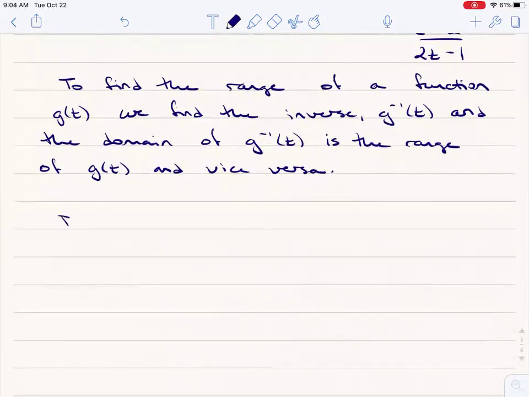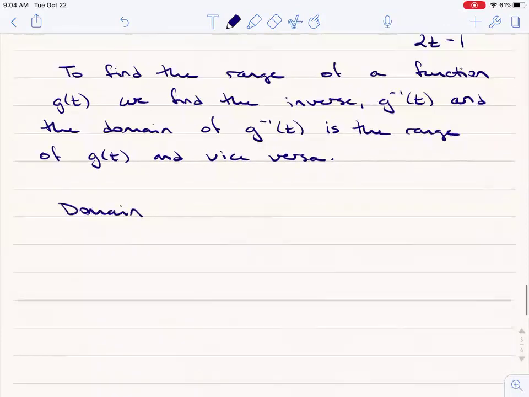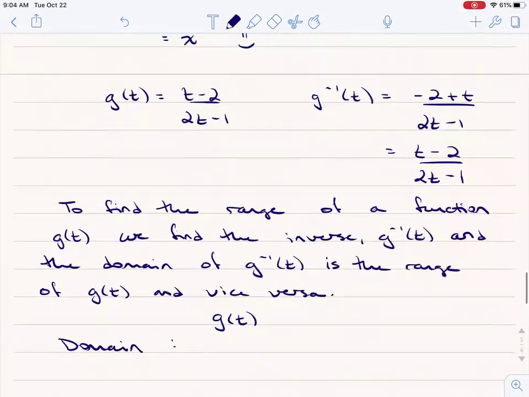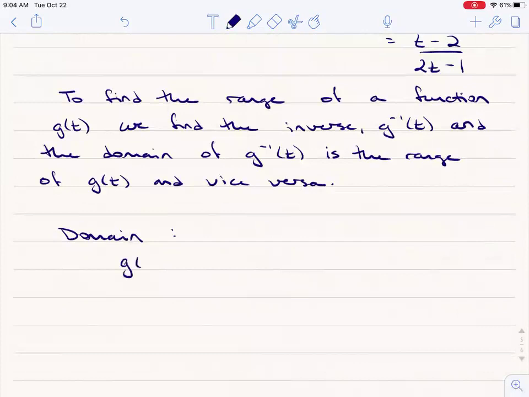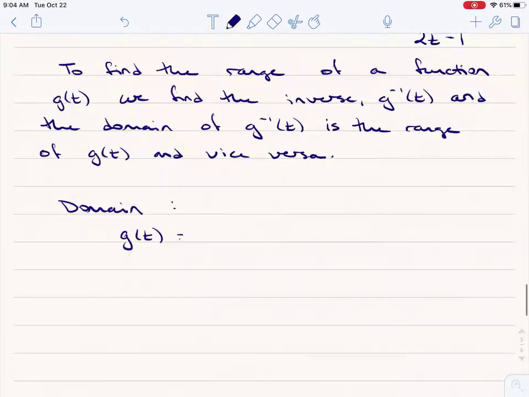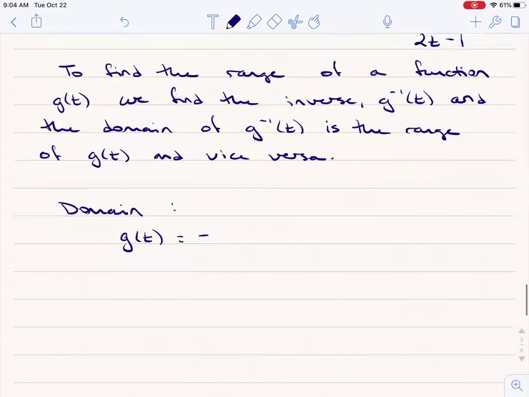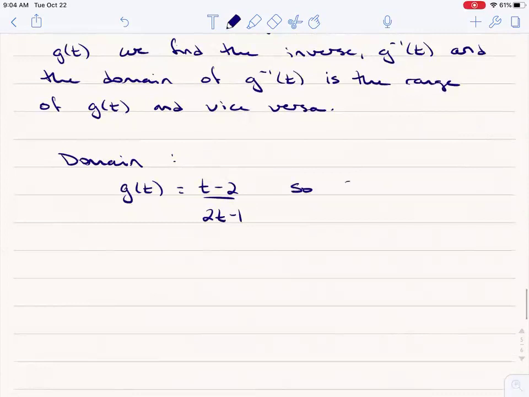So the domain for g of t: if we just look at g of t, we're dividing by 2t minus 1. I'll do that down here instead. g of t is t minus 2 over 2t minus 1. So 2t minus 1 cannot equal 0.